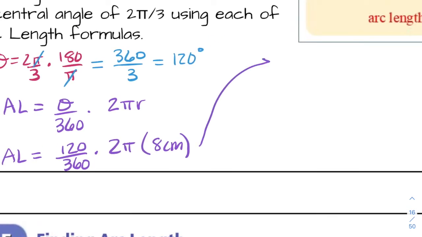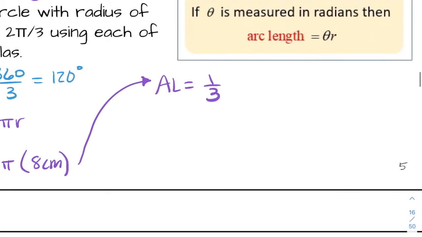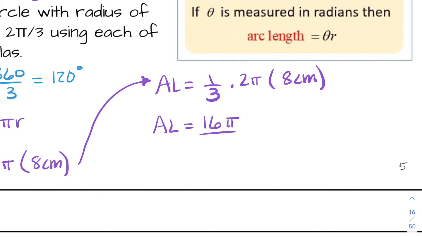That can actually simplify to arc length equals 1 over 3 times 2 pi, 8 centimeters. So arc length equals 8 times 2 is 16, so 16 pi over 3 centimeters.